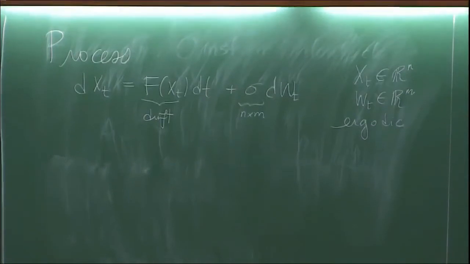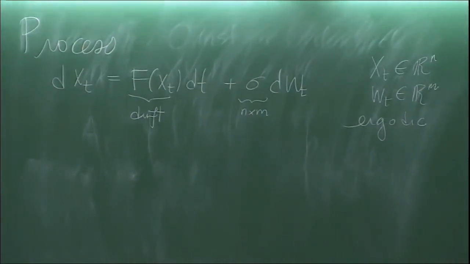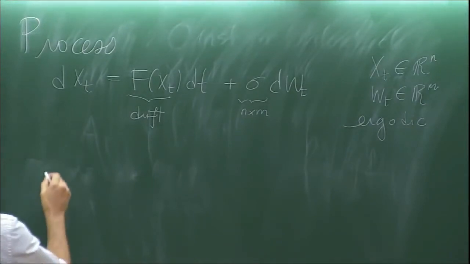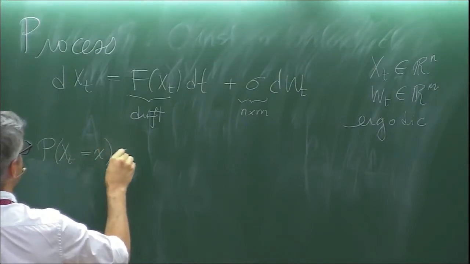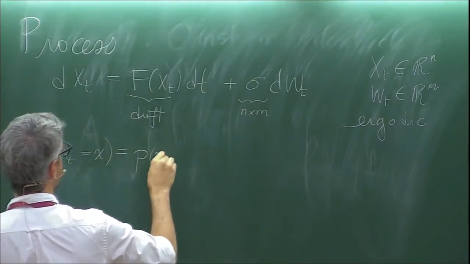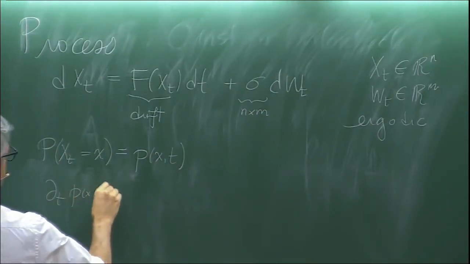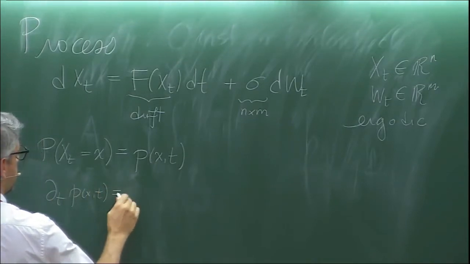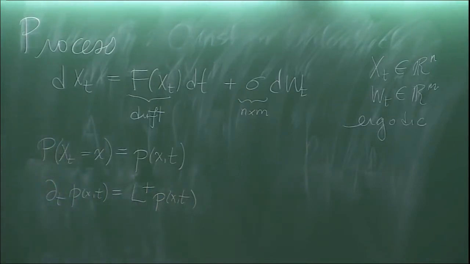Okay, and yesterday I mentioned, what can we write about this stochastic differential equation? You can look at the evolution of the time-dependent density. And if you start from some initial condition, some initial density, you're going to have an evolution of that density that follows the Fokker-Planck equation. So I'm just writing this explicitly here with the generator, and the generator we know the expression of, so I'm not going to write this.